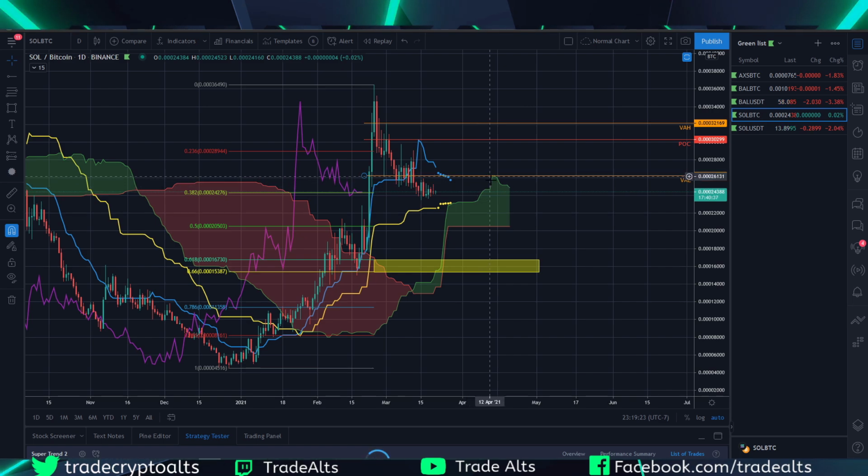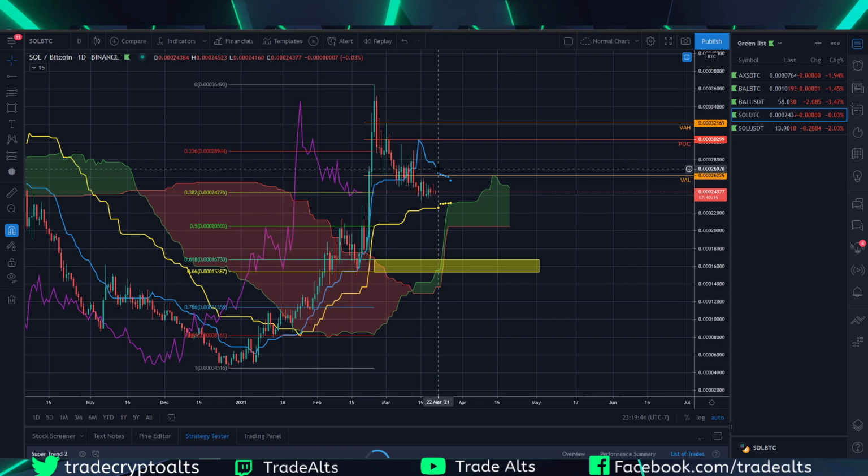So that's something that I would pay attention to. And then again, if price makes its way over cloud and starts to break into cloud, retest here, then it gets a little bit more questionable. Obviously, you're still pretty far away from having a bearish TK cross, but they are converging.